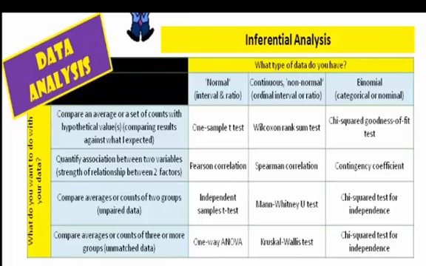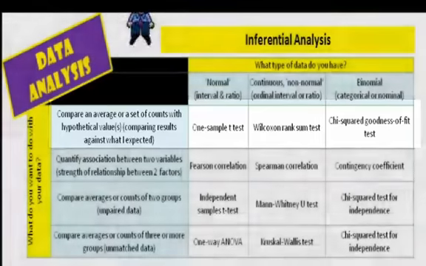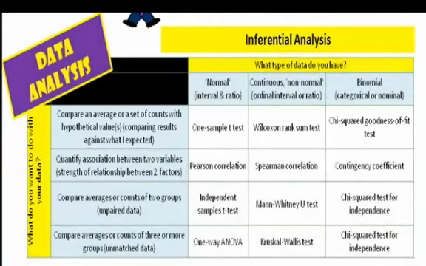So again, I want to compare the responses in those categories. But this time I'm going to compare what I found with what I would expect to find. So I'm looking at that first row. And time of day isn't continuous information.